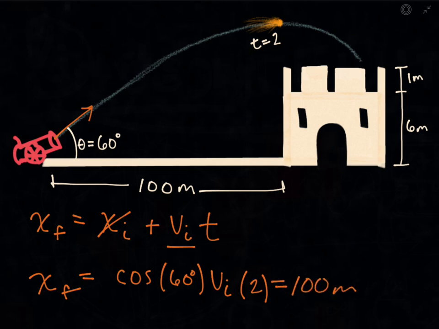So now we only have one variable, and we're saying that we can go 100 meters downrange based on the x component of our initial velocity, or the cosine of the angle times the initial velocity at t equals 2 seconds. So that's how this equation is set up and how we're going to use it.